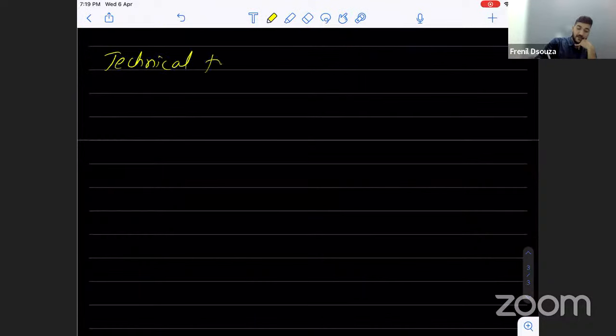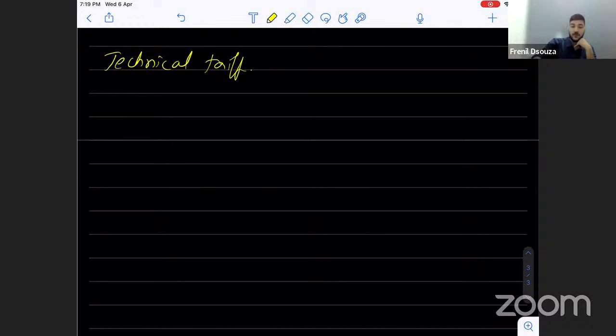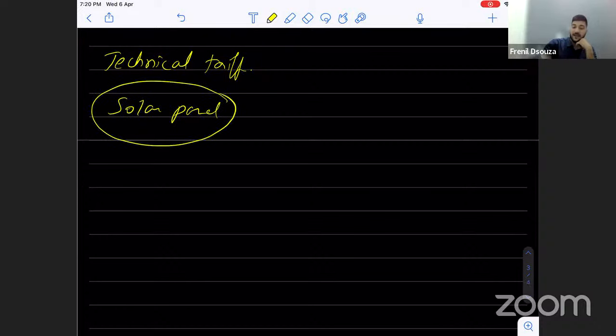Then we have something called technical tariff. Technical tariffs are calculated on the basis of the specific content of the imported goods. For example, if you import, let us say, a solar panel, the tax will be less on this panel, but on the battery, the tax will be more.